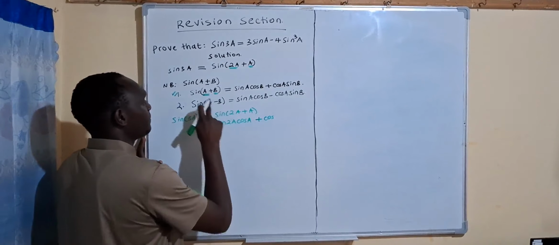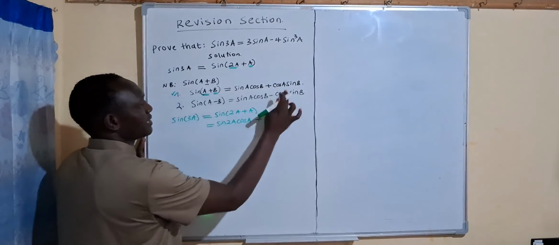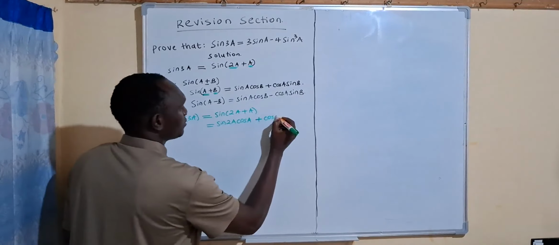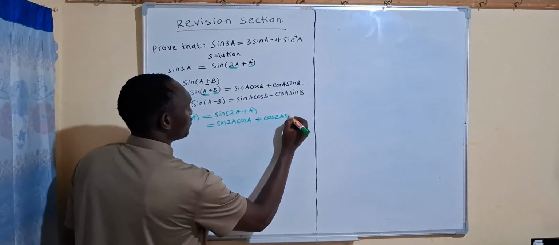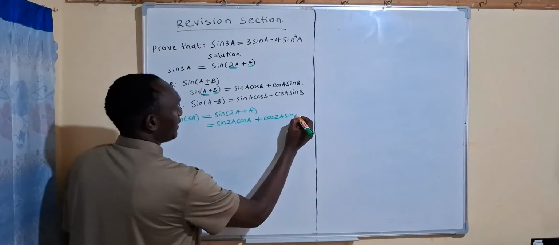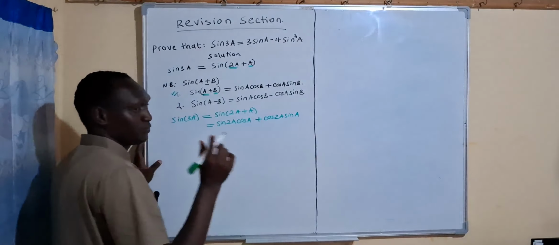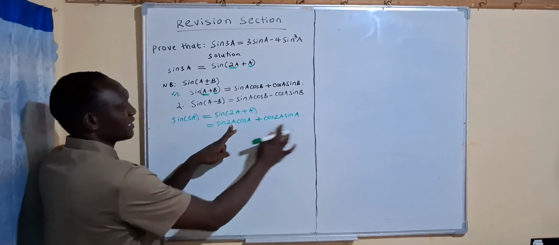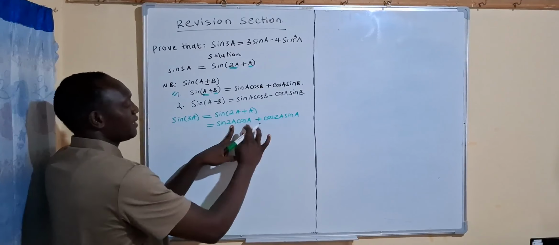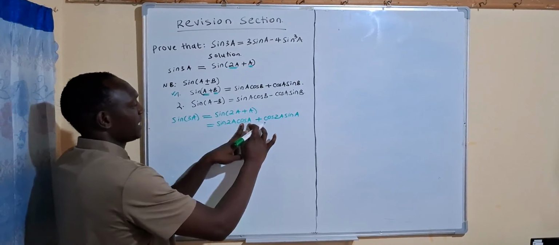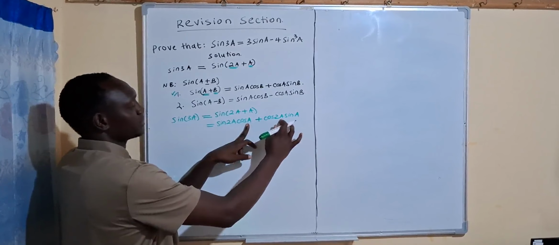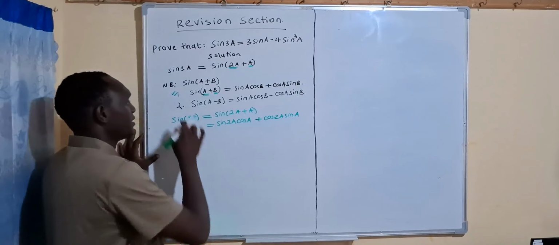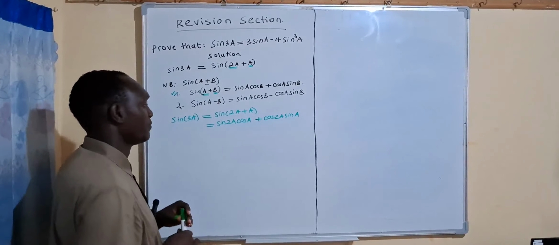Here our first angle is 2A, so we shall put cosine of 2A, and then sine of the second angle A. You just do not repeat. If you have used 2A already in sine, the second one of sine should have A, but for cos, the second term should contain 2A. So we have applied this formula principle.